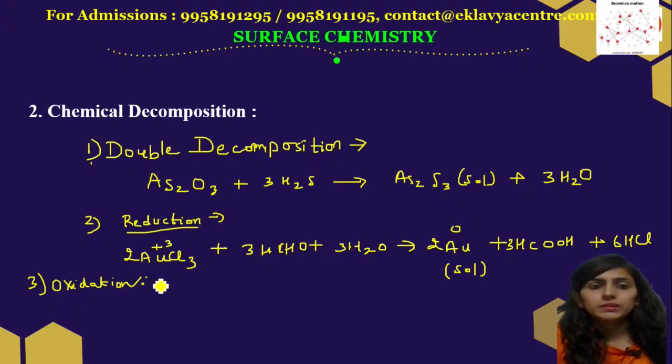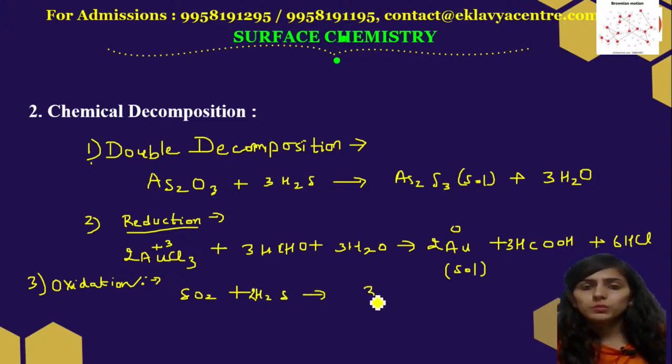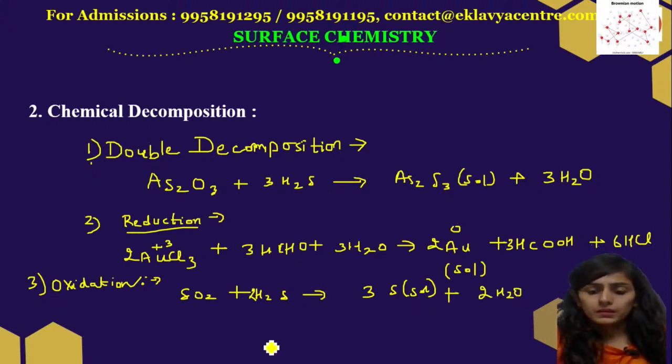What happens in oxidation is that SO2 plus 2 H2S react to form sulfur sol, that is 3 sulfur, plus water, right?